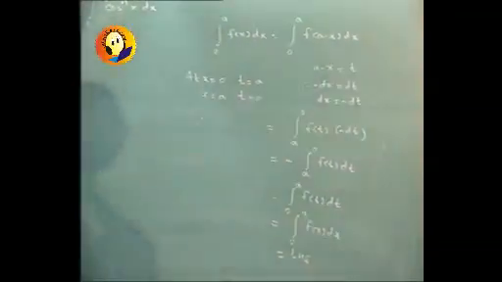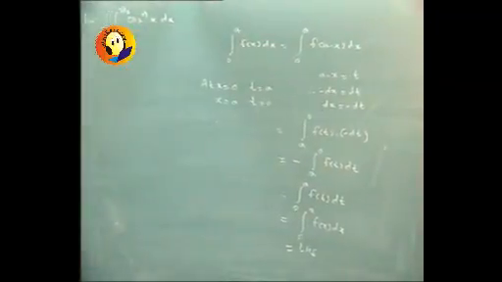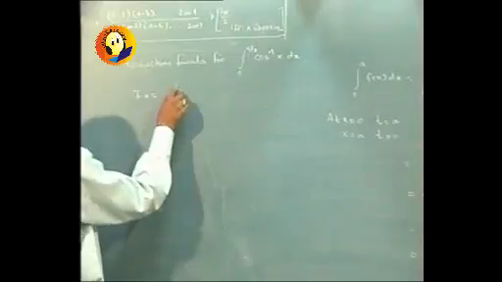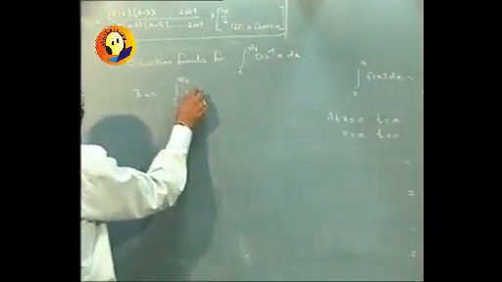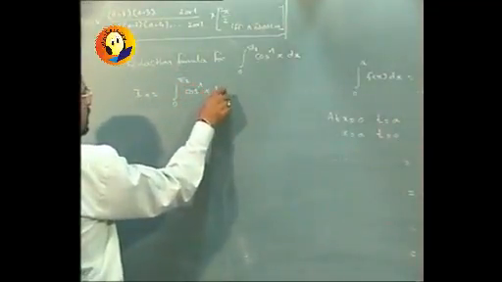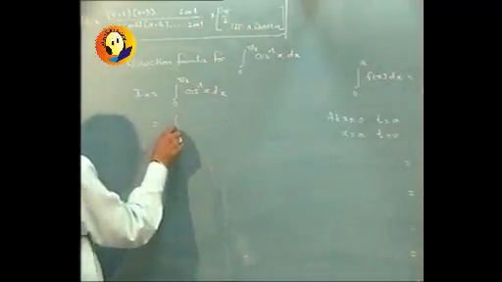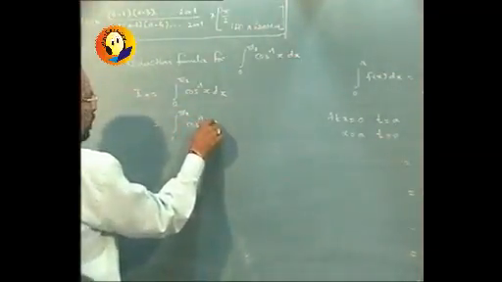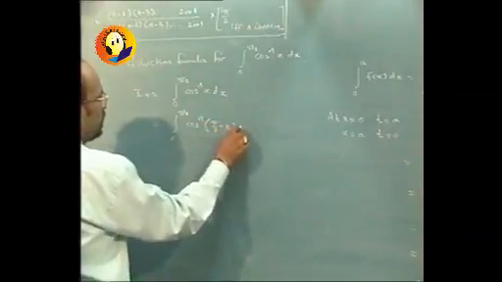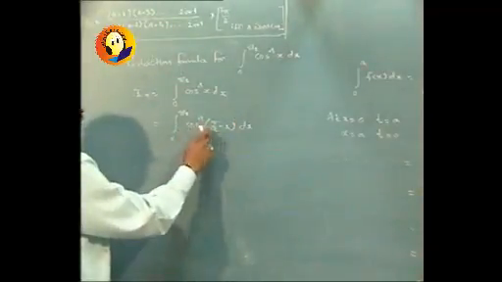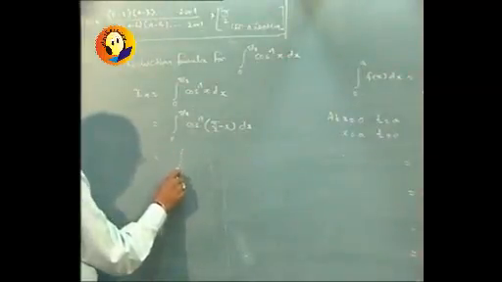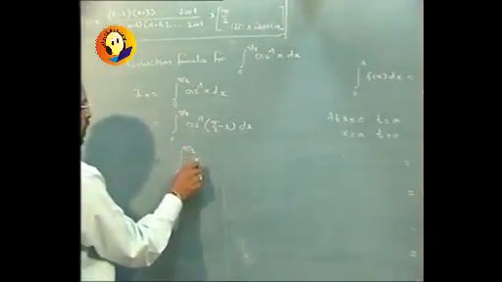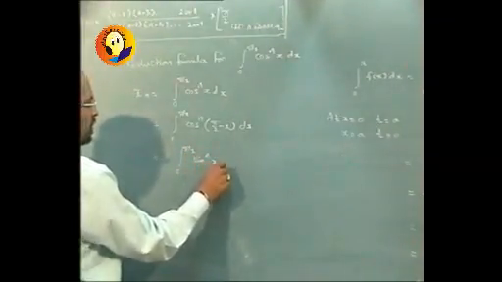Now this is the most important result which I will be using here, and I can say that I_n, which is integral 0 to pi by 2 cos raised to n x dx, can be written as integral 0 to pi by 2 cos raised to n (pi by 2 minus x) dx. But cos of (pi by 2 minus x) is sin x, so it will be integral 0 to pi by 2 sin raised to n x dx.